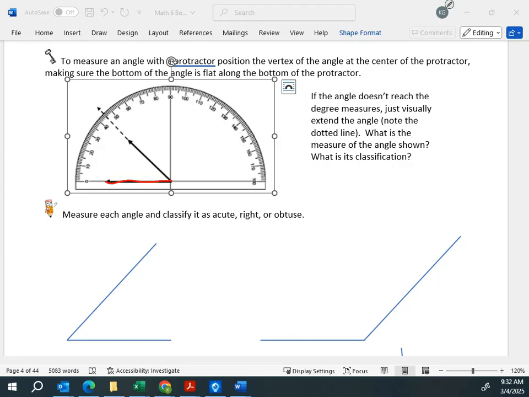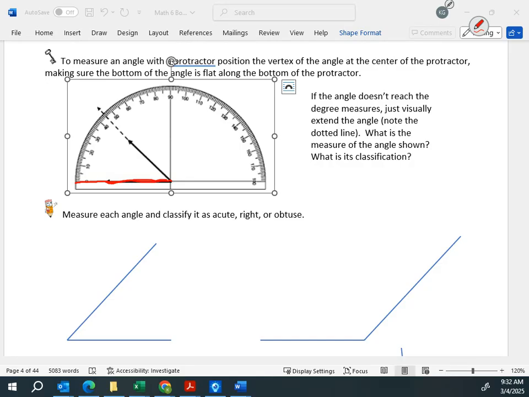And now line up your circle with your protractor. Yep. Make sure the line on the protractor goes right over the line on the angle. Look at where that 0 is. It's pointing to the 0 on the outside of our protractor.